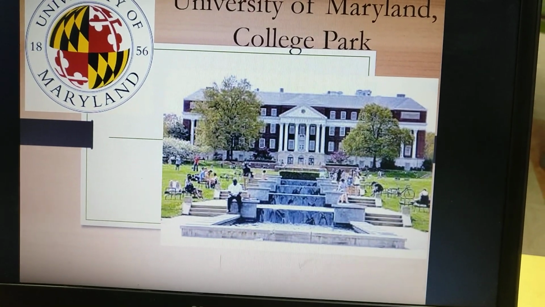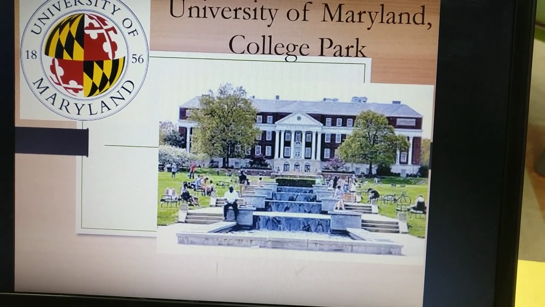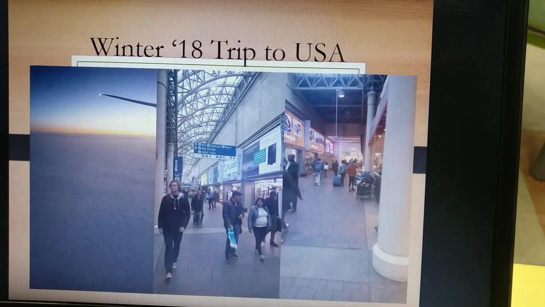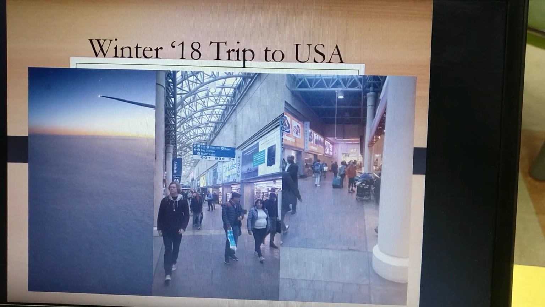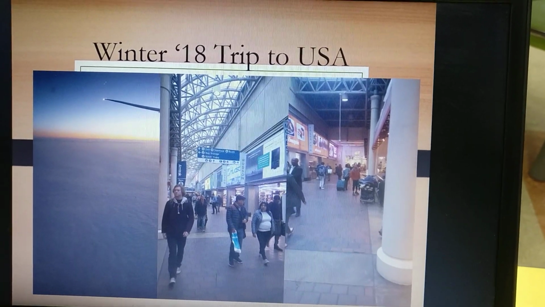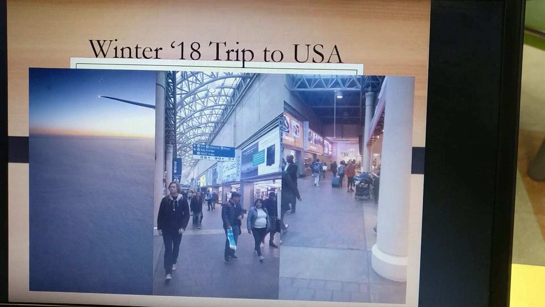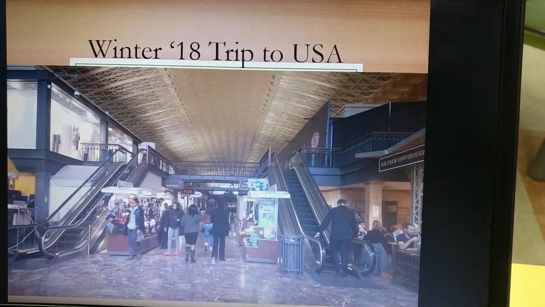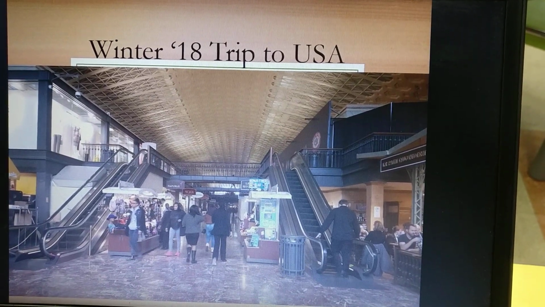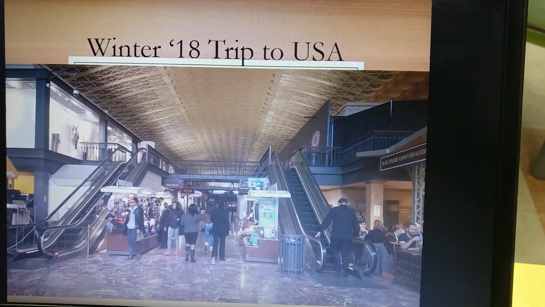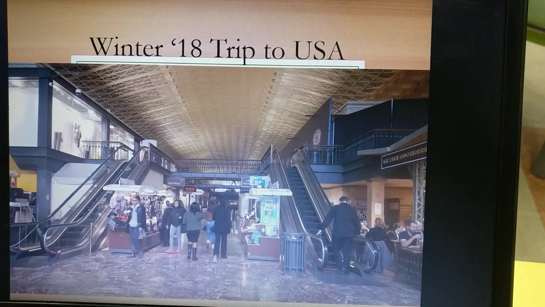This is the University of Maryland, this college that I went to. And during the winter of 2018, I took a trip to Washington, D.C. So this is Union Station in Washington, D.C. As you can see, they have an underground shopping passageway, similar to Korea.